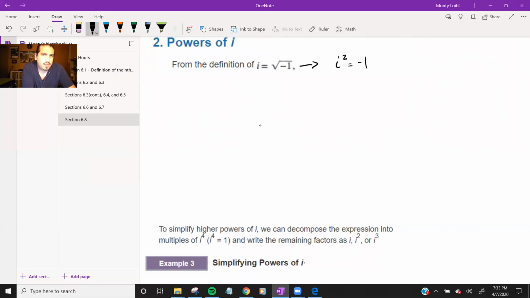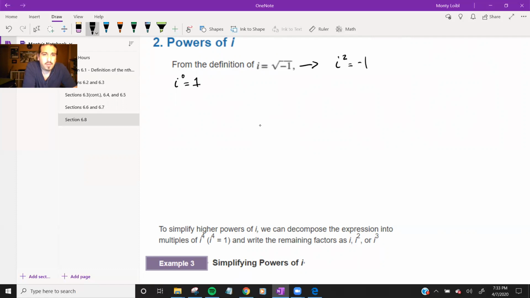pattern, right? So if we had, real quick, what is i to the 0 power? What is anything to the 0 power? Do we remember? Anything to the 0 power is what number? Anyone in the chat? 1.